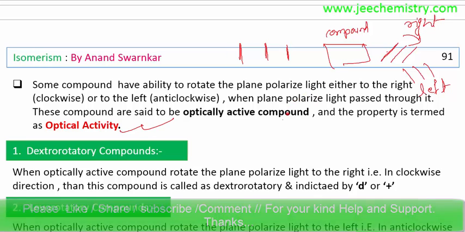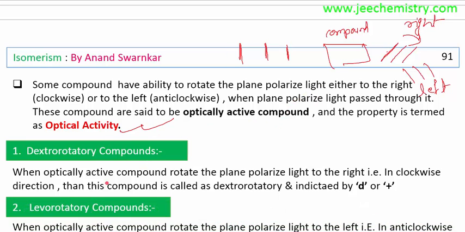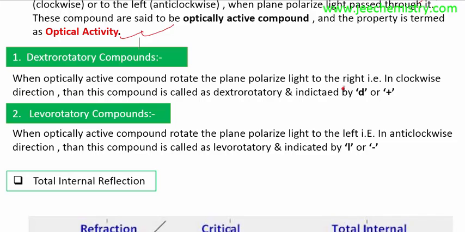Also we will learn more detail about dextrorotatory compounds.